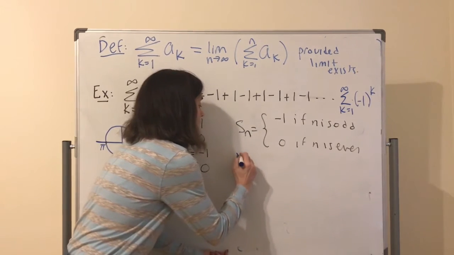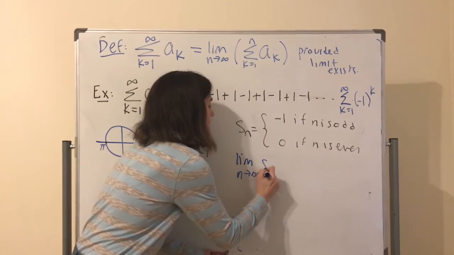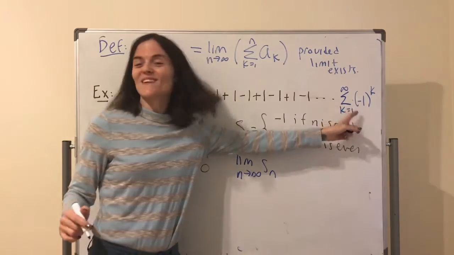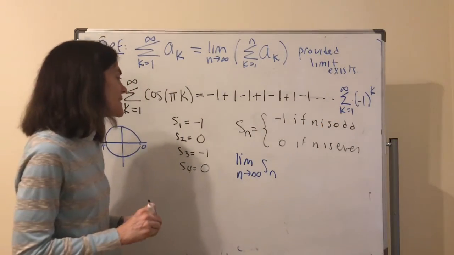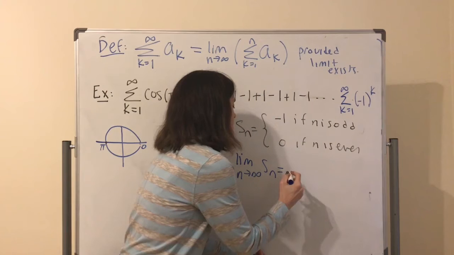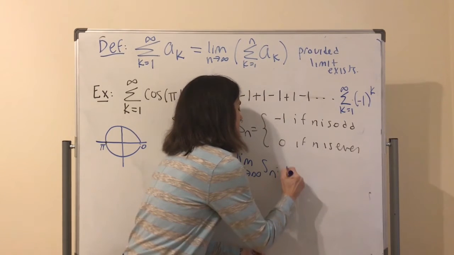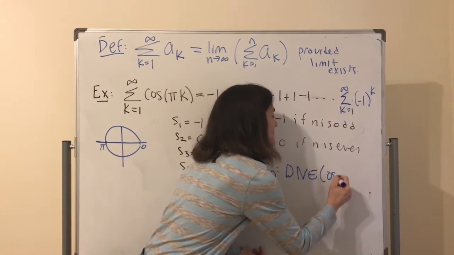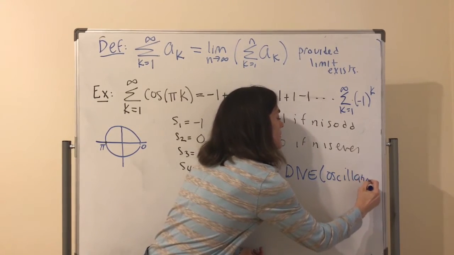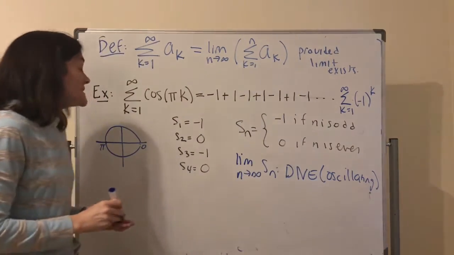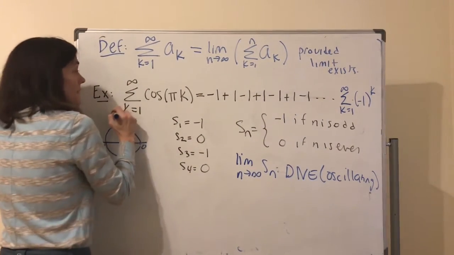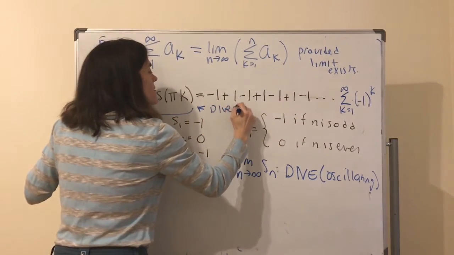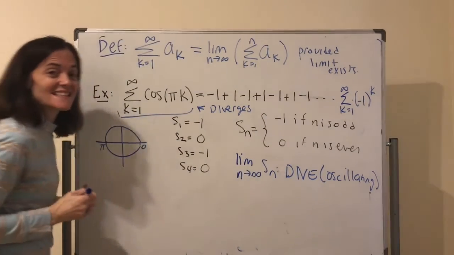If we try to evaluate the limit as n goes to infinity of Sn, which is the definition of this thing, or you could also think of it like this, same series, this does not exist, because it's oscillating. We see from this that this series diverges. This is using the definition.